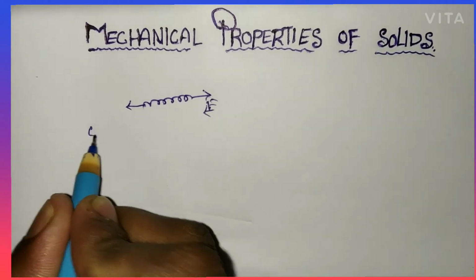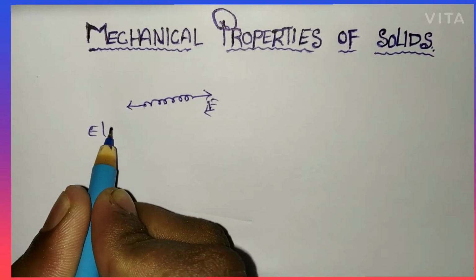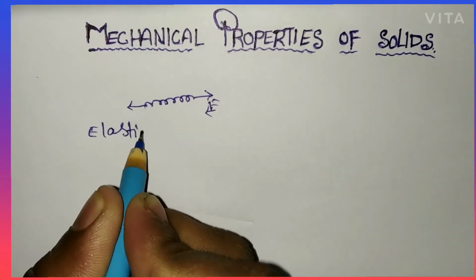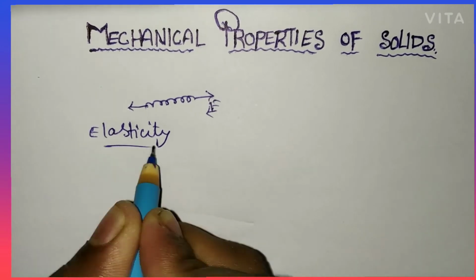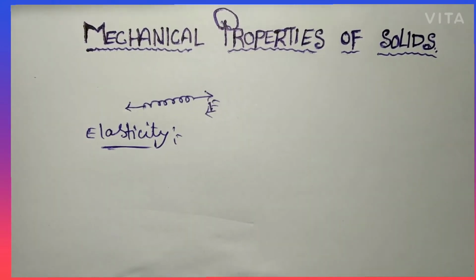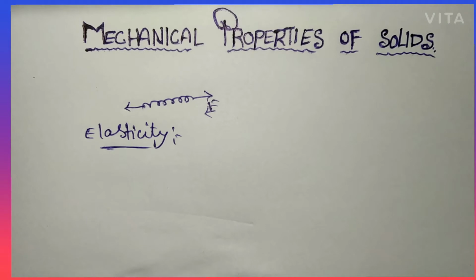Elasticity means the property of a body by virtue of which it tends to regain its original shape and size after the removal of applied force.